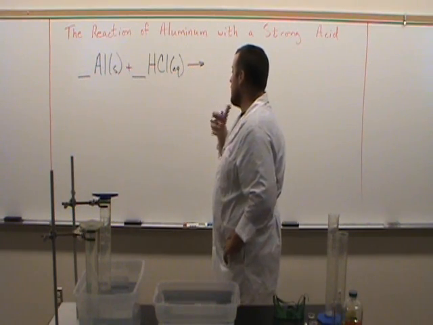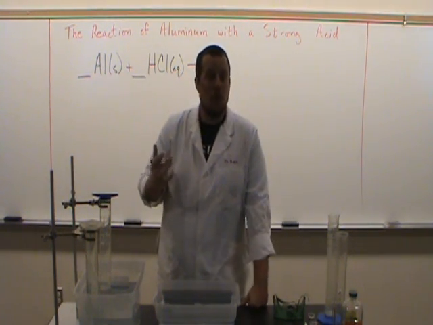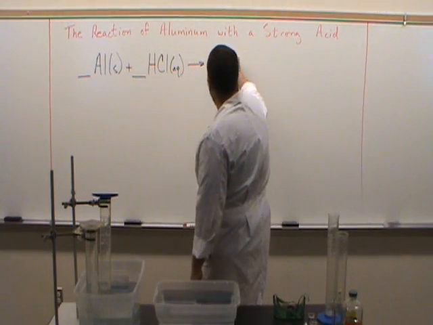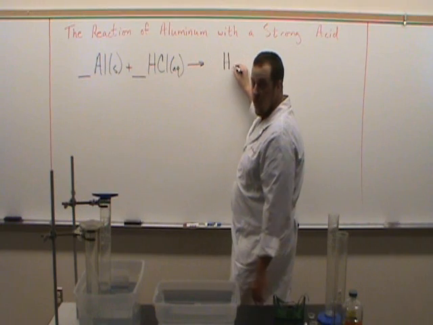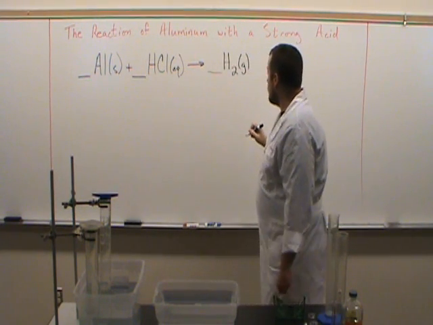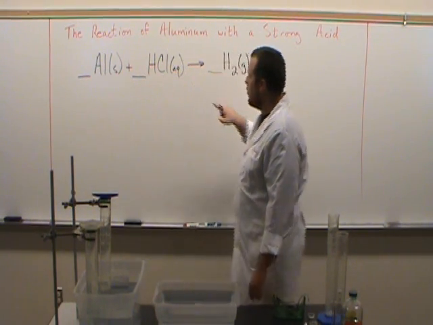Now, what do we have for products? Well, one of the reasons this experiment works is because one of the products that we generate is hydrogen gas. So if we're generating hydrogen gas, what's left?